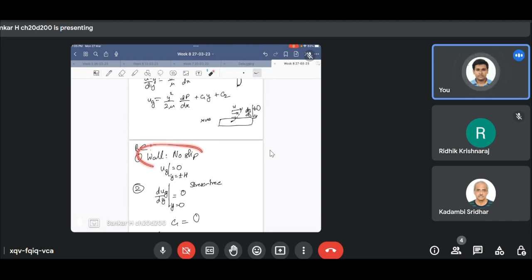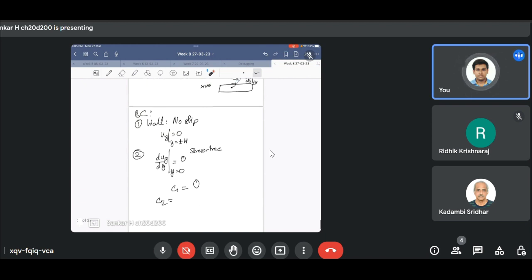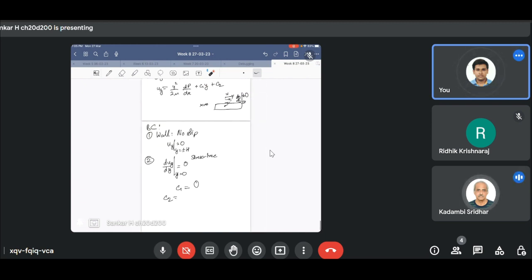By substituting the no slip condition in the final expression for UG, we get C2 to be, can anyone tell me the answer? It'll be minus h square by 2 mu dp by dx.